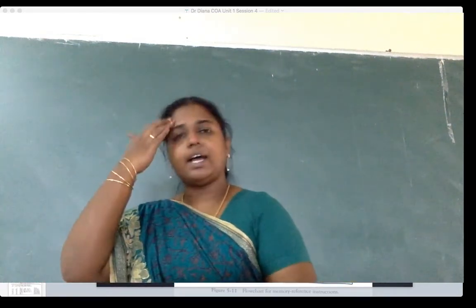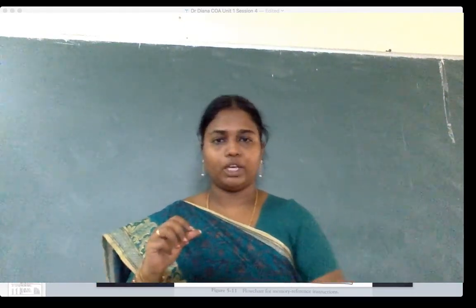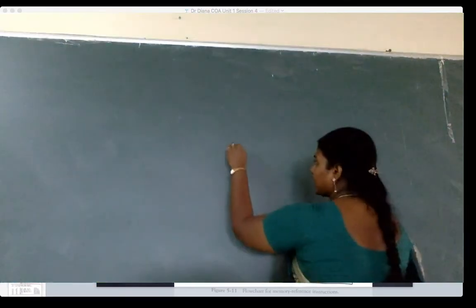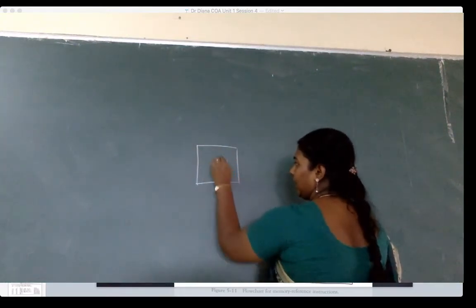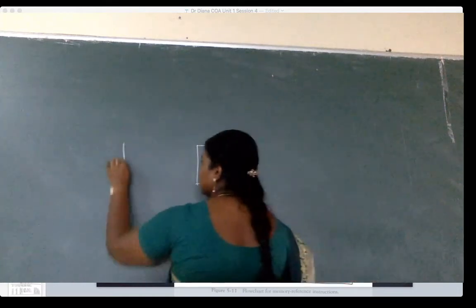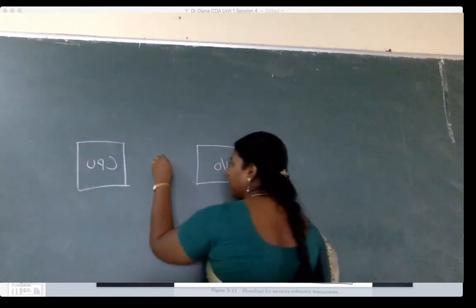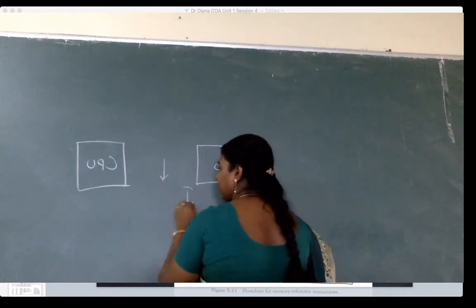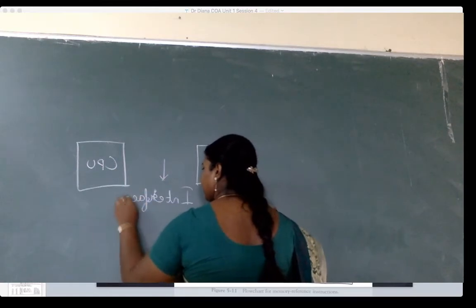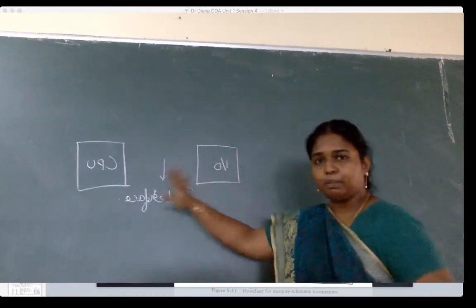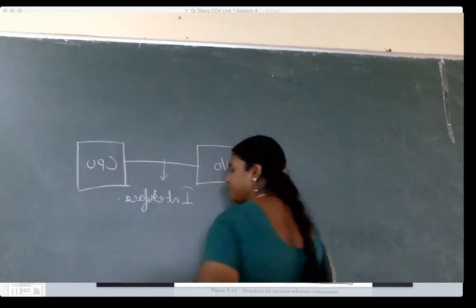Now, all IO devices have serial communication. Say for example, this is an IO device and this is the CPU. I am going to place an interface in between the CPU and the IO device.